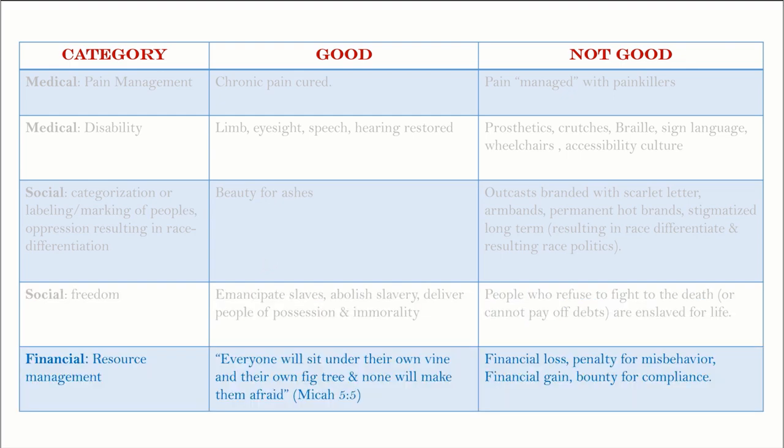Lastly, for this slide, an area that requires management is financial in nature. There are areas of finance which may need reform. Presently, we have a system which penalizes misbehavior with financial penalties and rewards compliance with financial gains.